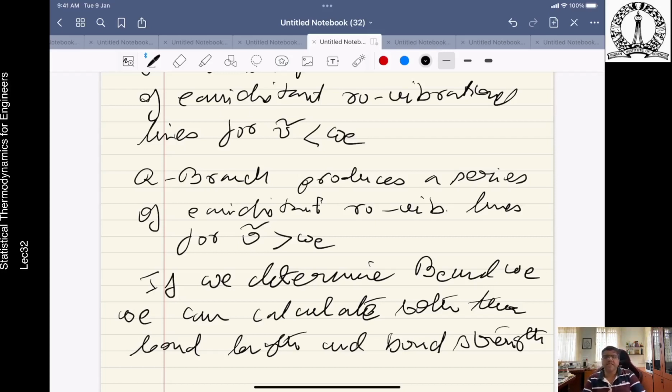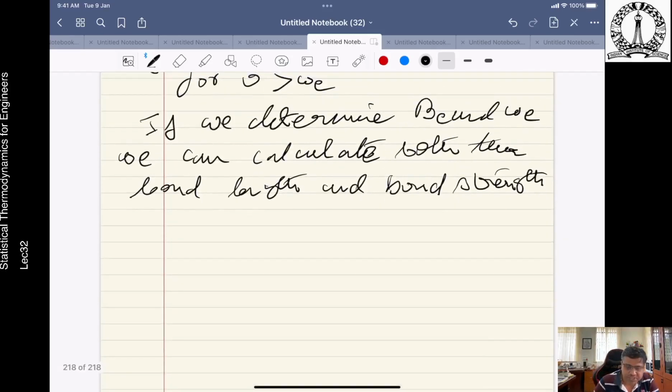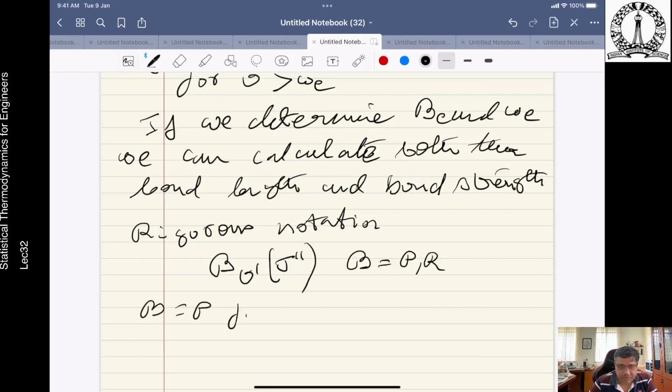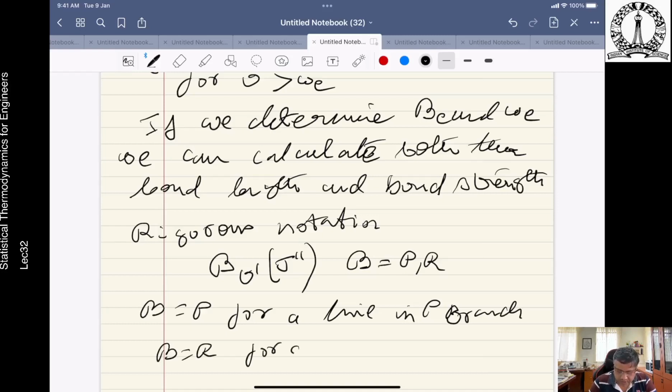As a result, we have developed a rigorous notation: V prime, J double prime, with B equal to P for a line in the P branch, and B equal to R in the R branch.